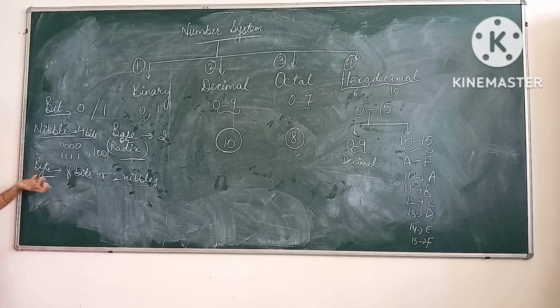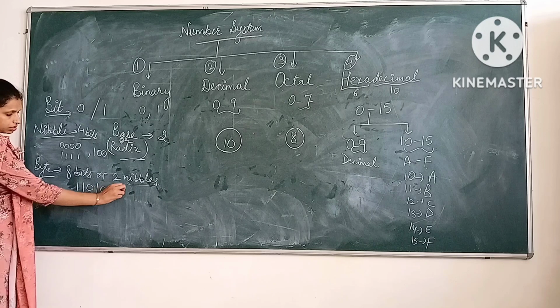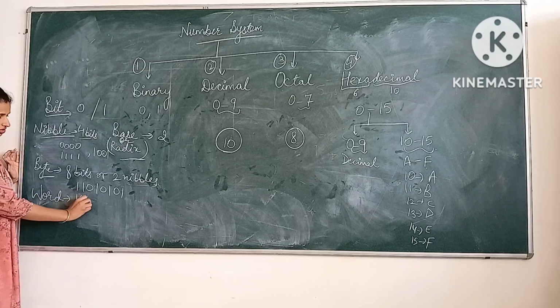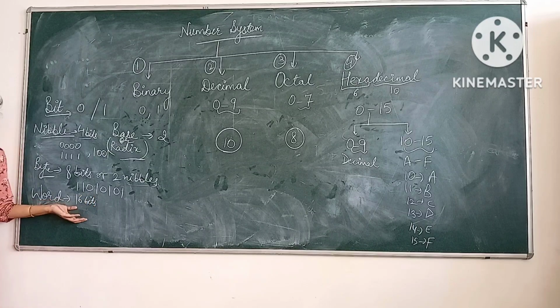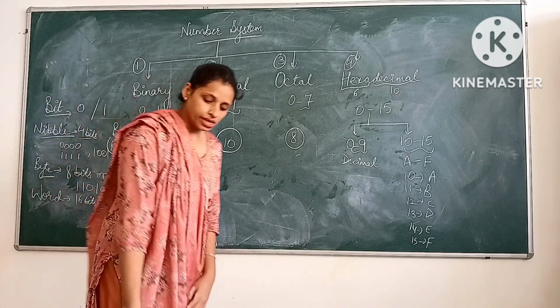It is a combination of 8 bits, means value in the form of 1 and 0. Then word. It is a combination of 16 bits. 16 bits forms a word. So it is a combination of 1 and 0, but total number of bits is 16. This is the basic about bits.